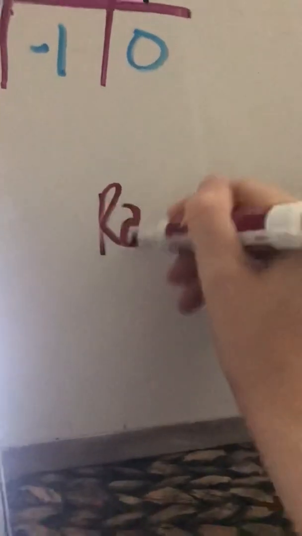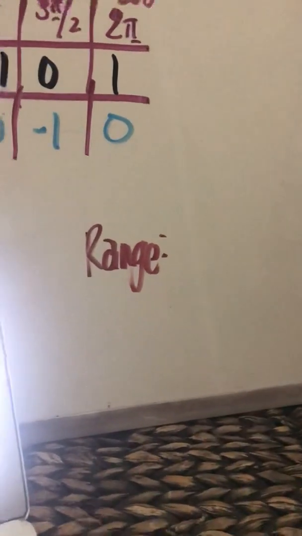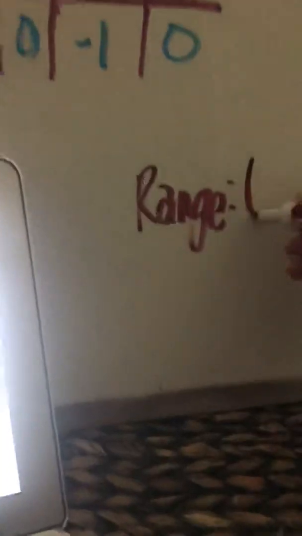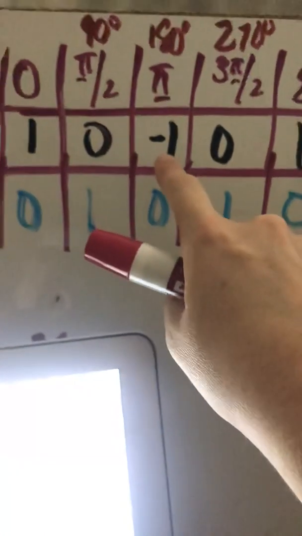So my range, I want to know, remember range, if I'm thinking of range here, my range, Brianna, is talking about my lowest y value to my highest y value. So thinking of my range here, Max, you might see that your lowest y value according to your table is negative 1 for both of your functions.